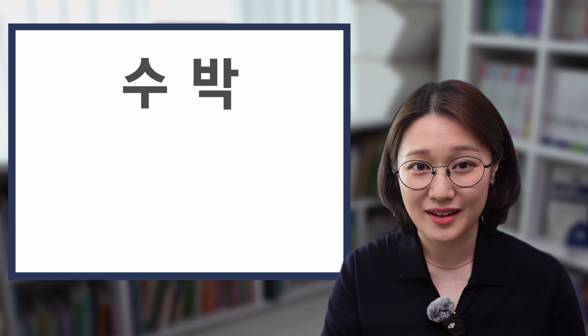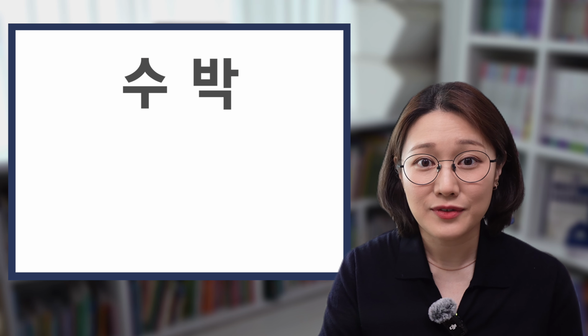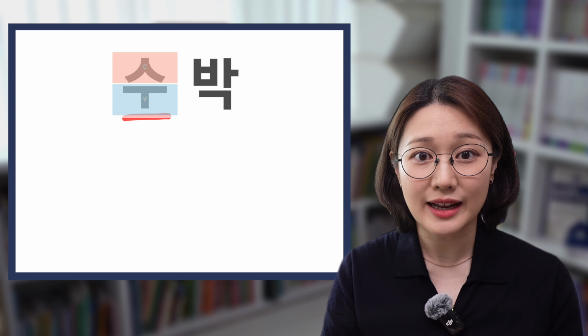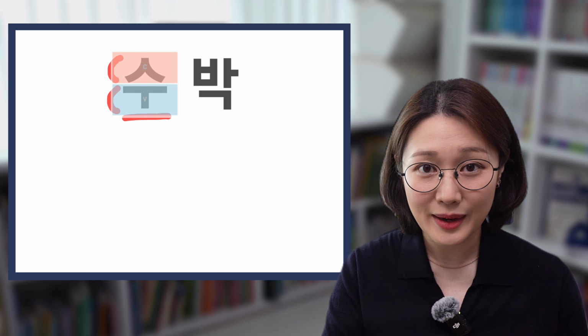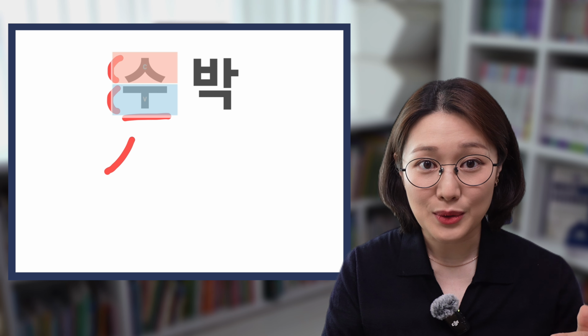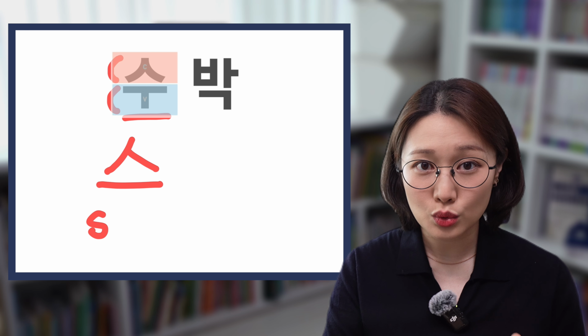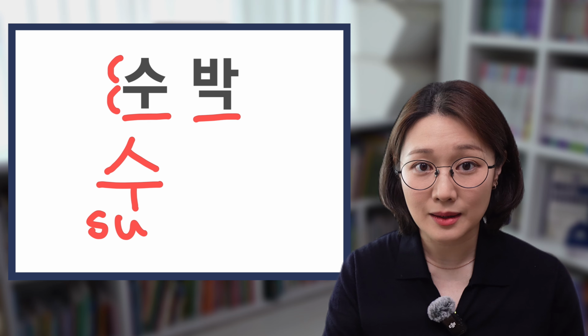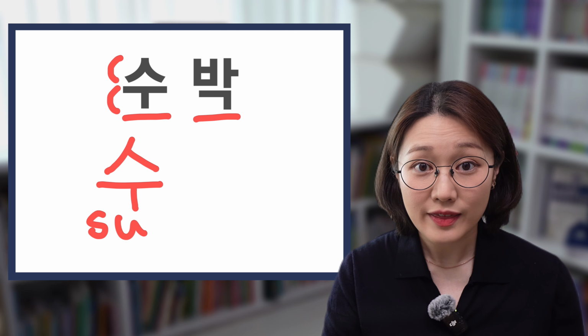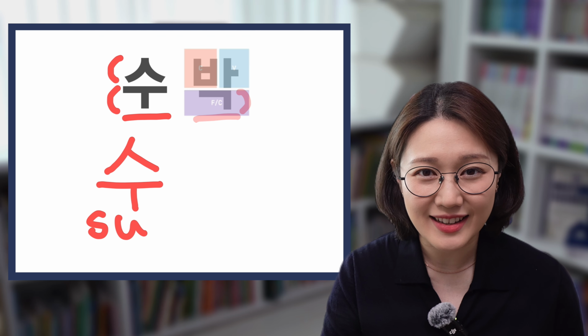Now, let's try another word. Look at the first syllable. The part at the top is the consonant, and the part below it is the vowel. 시옷, 스, and 우 together make 수. What about the syllable next to it? Oh, this one looks like it has a final consonant.